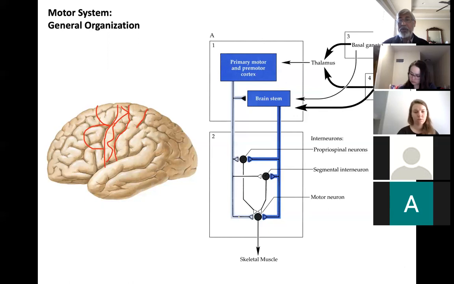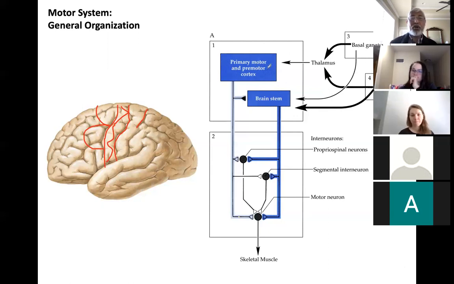Now, if we go back to this one here, you see before the primary motor area performs a function, first of all the premotor area will do the planning, and then they will send the information to the basal ganglia and cerebellum. I will talk about both basal ganglia and cerebellum in a later class. You will know exactly what they do.